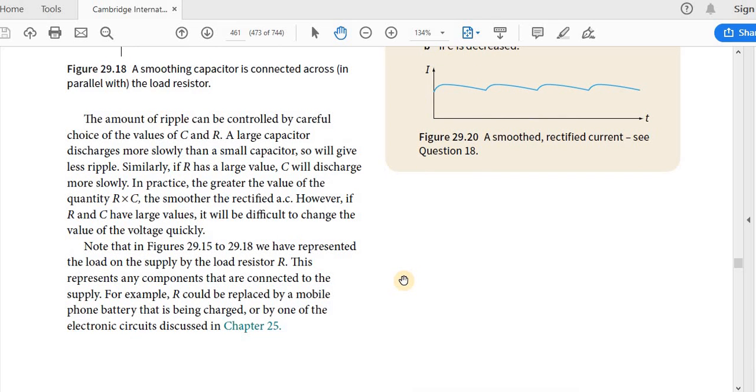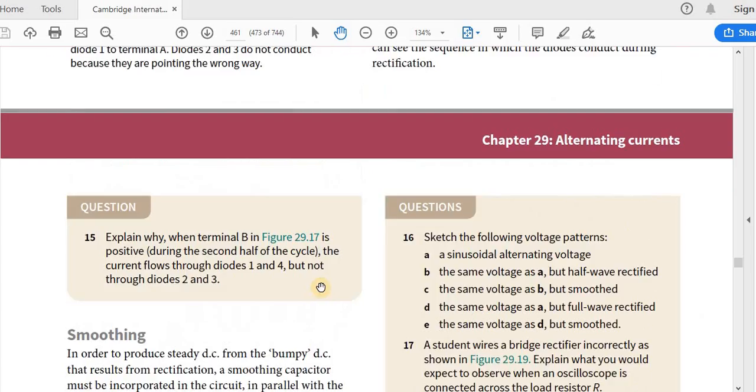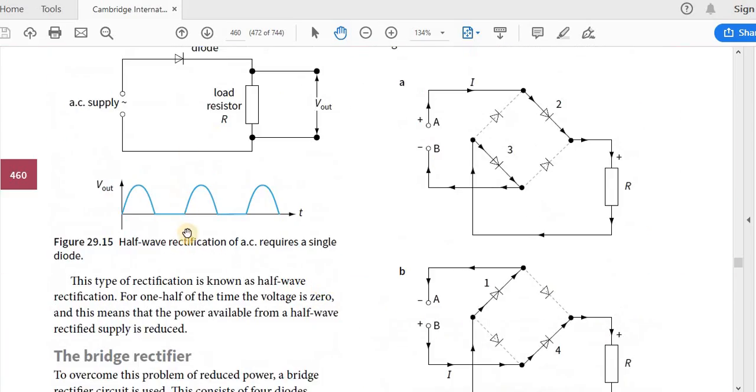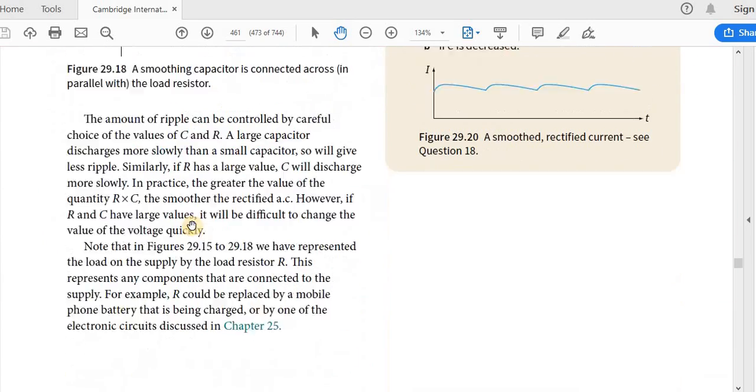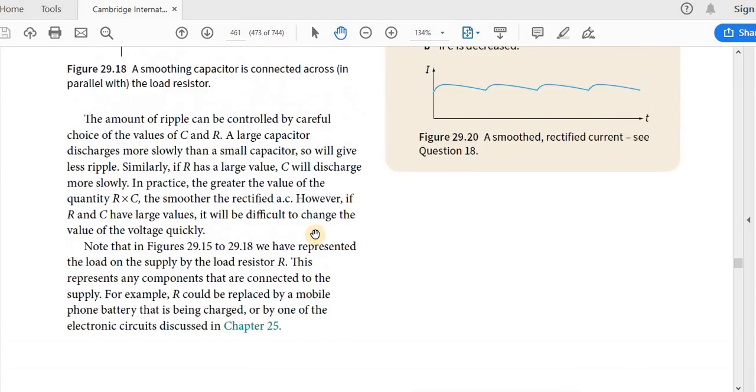Note that in figures 29.15 and 29.18, 29.15 is this one, we have represented the load on the supply by the load resistor R. This represents any components that are connected to the supply. For example, R could be replaced by a mobile phone battery that is being charged, or by one of the electronic circuits discussed in chapter 25.